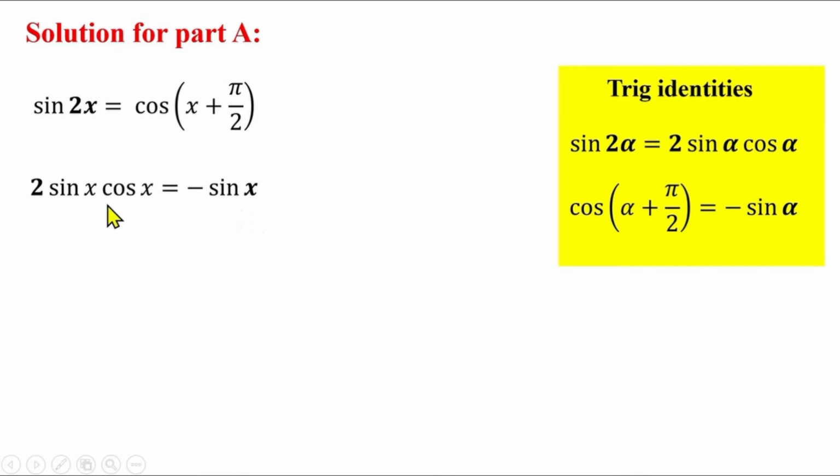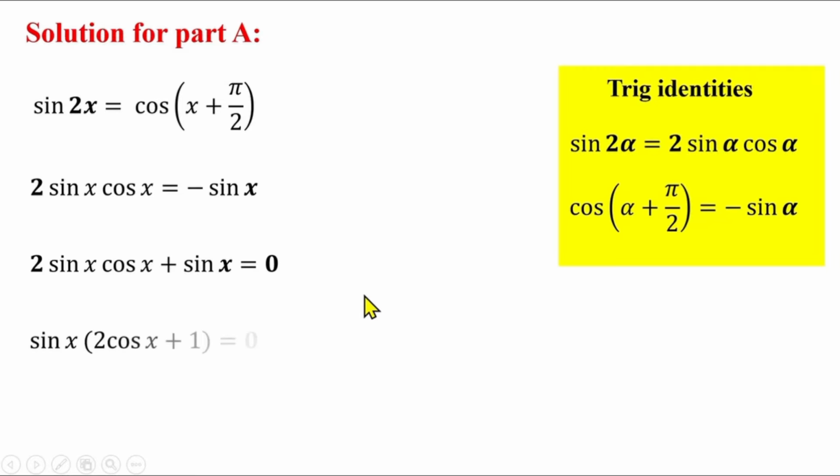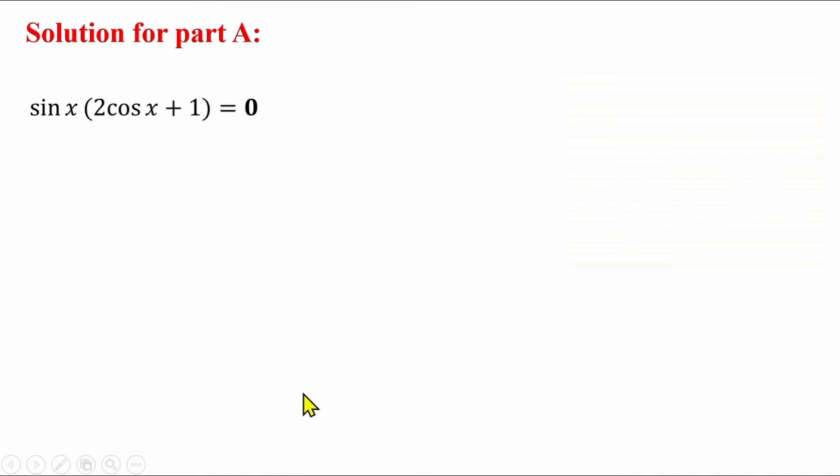We move sine to the left, factor sine, and now we need to solve this equation. To do this, we take into account that if the product of two multipliers equals 0, it means that at least one of them equals 0.